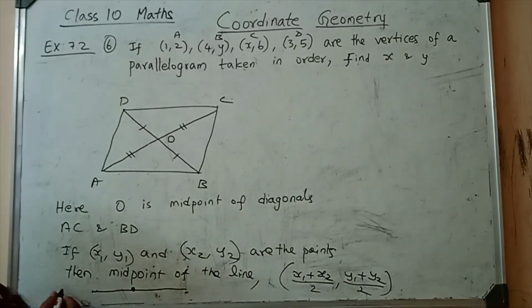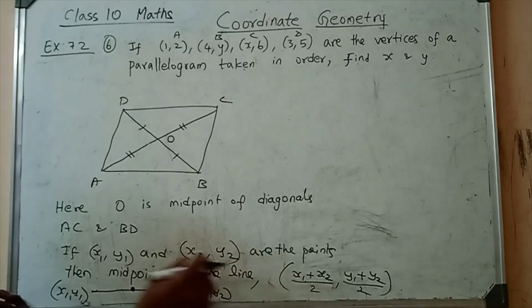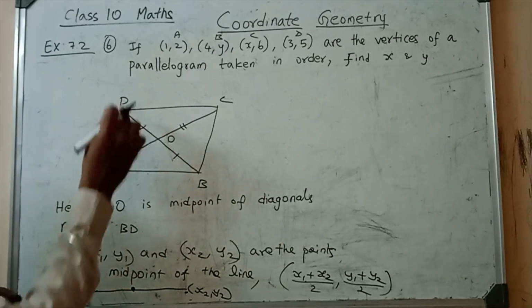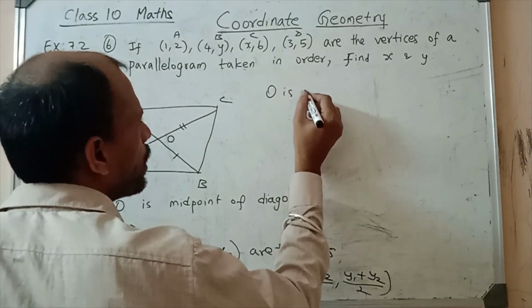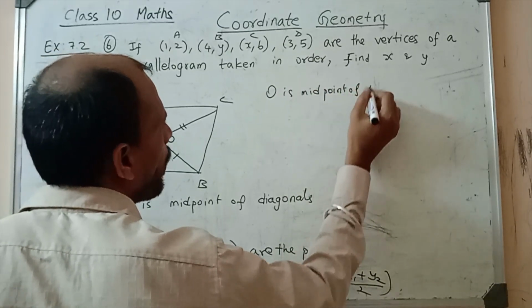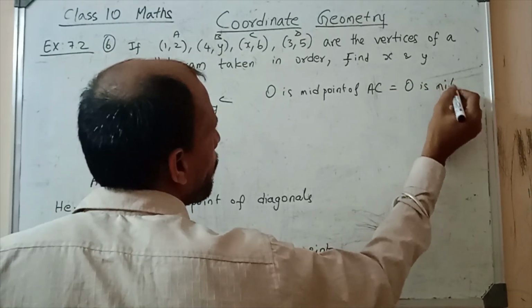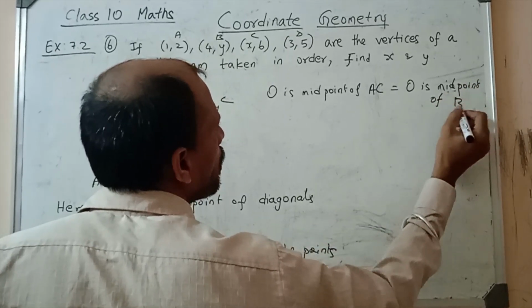Okay, so these are the 2 points x1 comma y1. So using the same formula, here O is the midpoint of AC and O is also midpoint of BD. O is midpoint of AC is equal to O is midpoint of BD.